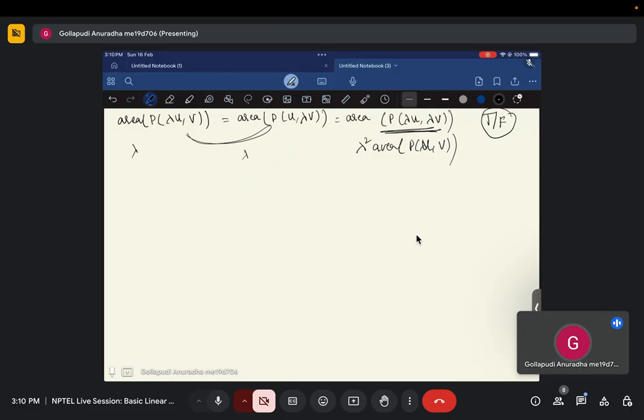And some properties of determinant were discussed. The determinant of a matrix A will be equal to 0 if any row of A is equal to some other row of A. So if there are two rows and we have the same rows, then we'll have the determinant as 0.